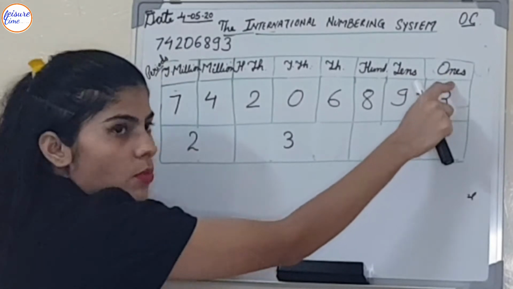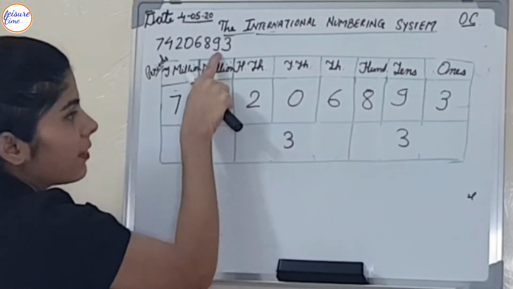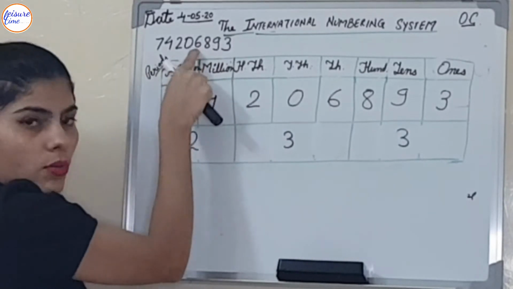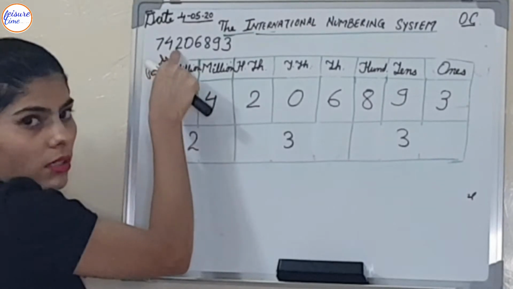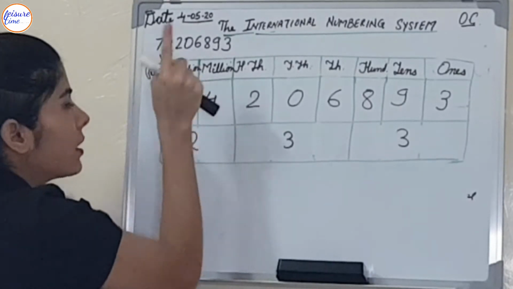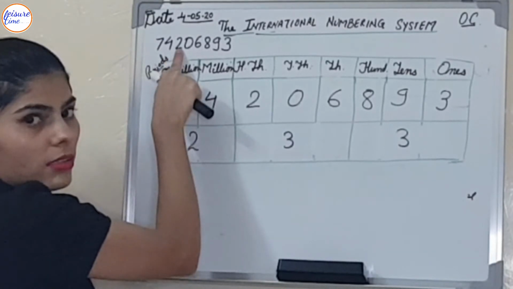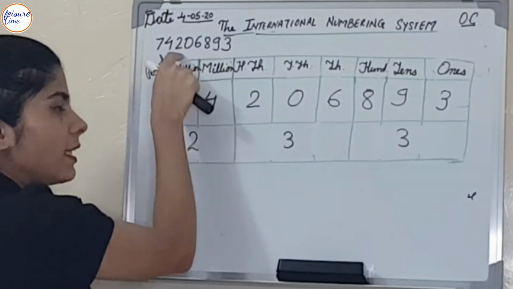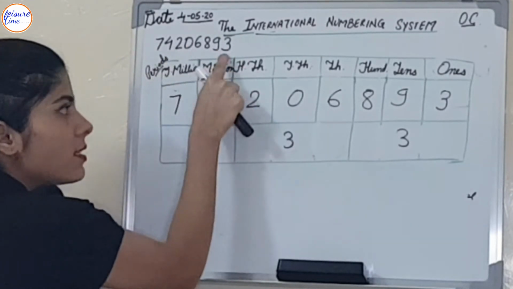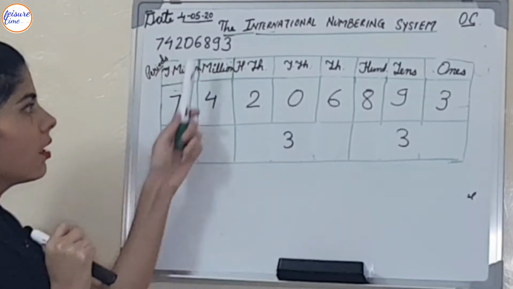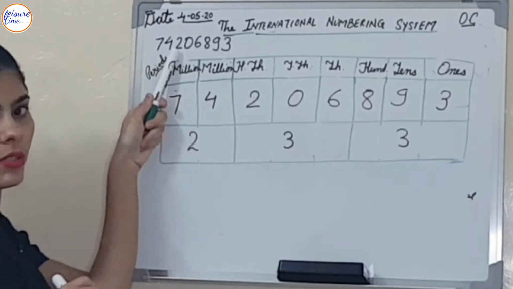In the international system, first is ones from the right hand side, then tens, then 100, then 1000, then 10,000, then 100,000. In the Indian system this one is lakh, but in the international system, this one is 100,000. Again: ones, tens, 100, 1000, 10,000, 100,000.